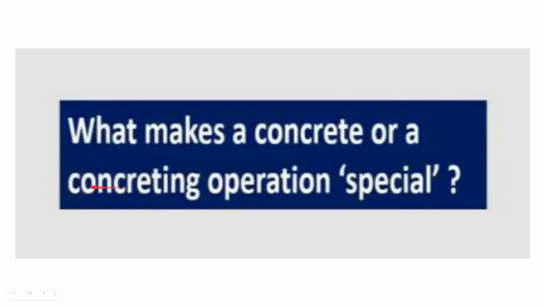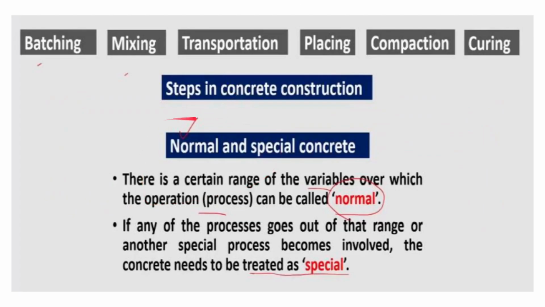The basic question which most of you have thought about till now is, what makes a concrete or concreting operation special? Why is it called special concrete, and why is it not a normal or conventional concrete? As you can see here, there is a certain range of variables over which the process or operation is called normal.